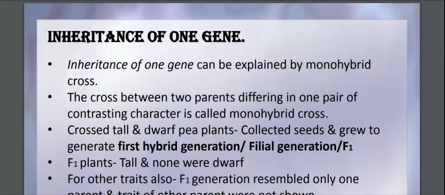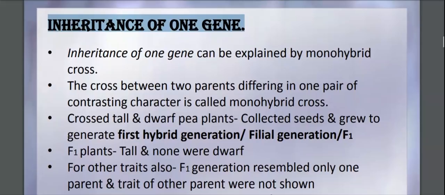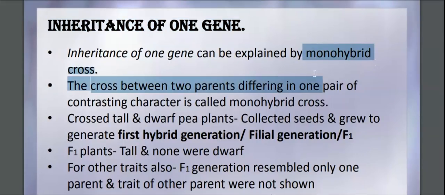Now, what are his findings? The first thing that he shed a lot of light on was inheritance of one gene. To understand this, we need to understand the term monohybrid cross. He conducted a lot of monohybrid cross pollinations. That means a cross between two parents based on one trait, so one trait and two contrasting forms.